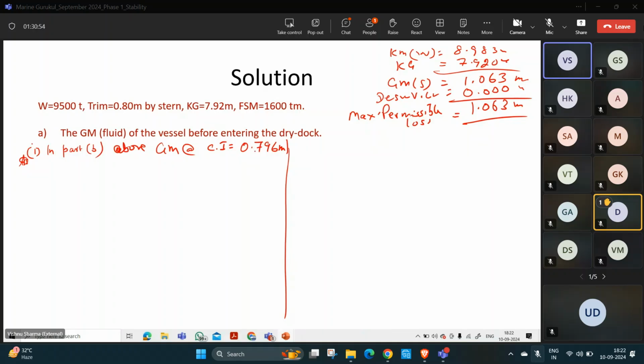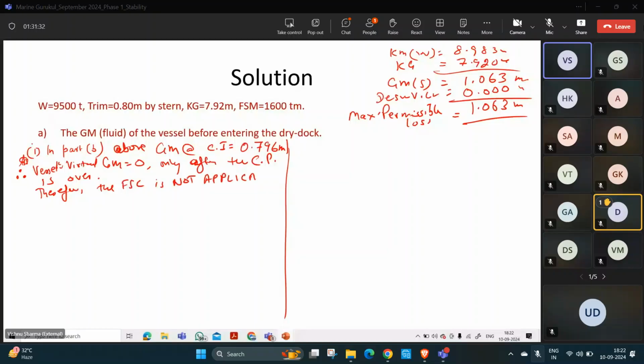Since you had a positive GM here, therefore the vessel's virtual GM shall be 0 only after the critical period is over. Therefore, the FSC is not applicable. One approach is this, and you can put this remark and solve it.